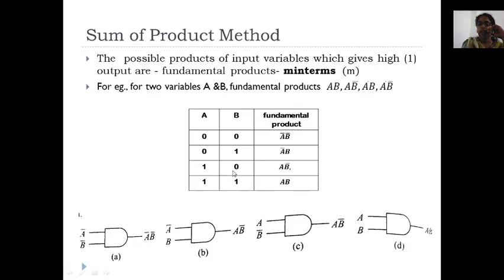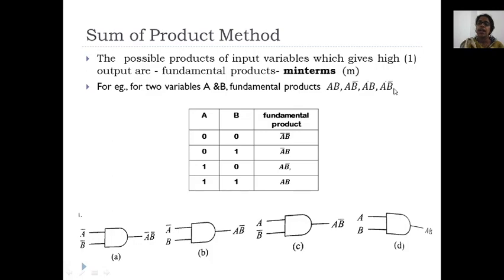It will be A B bar, and for 1 1 it will be A B. Hope that you are getting me. And for two variables A B, the fundamental products are A bar B bar, A bar B, A B bar, and A B. So 4 fundamental products are there for two variables.